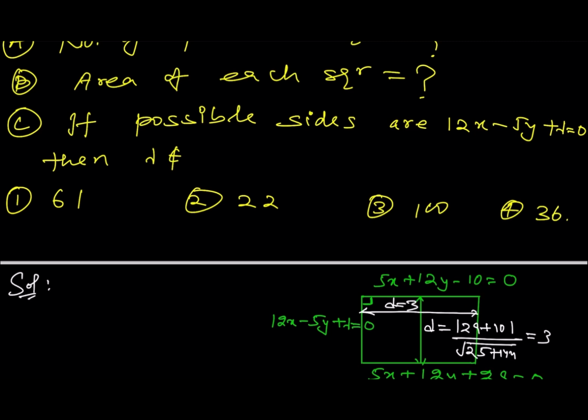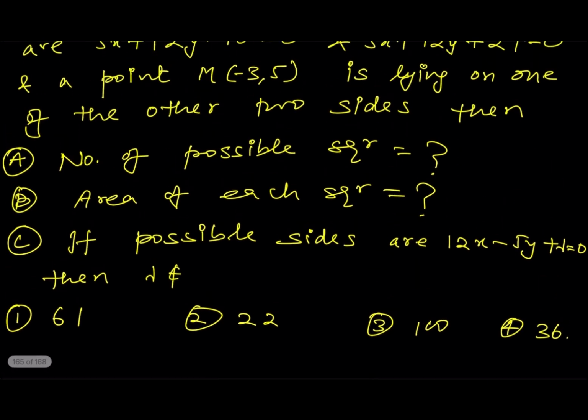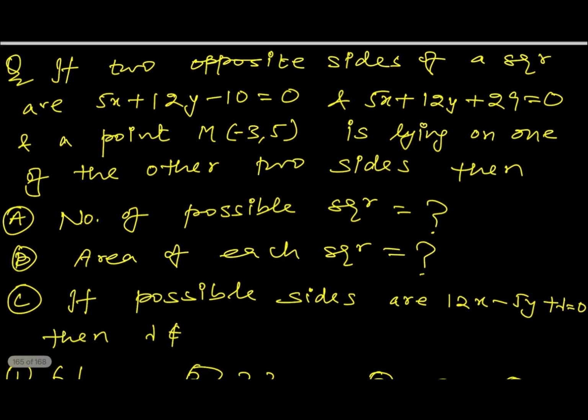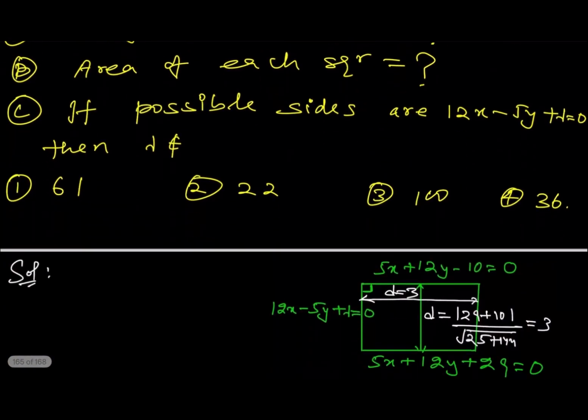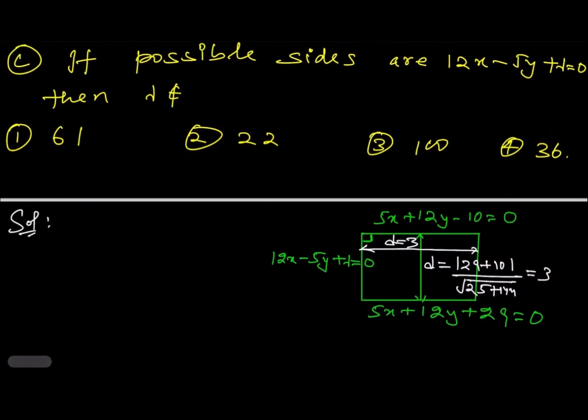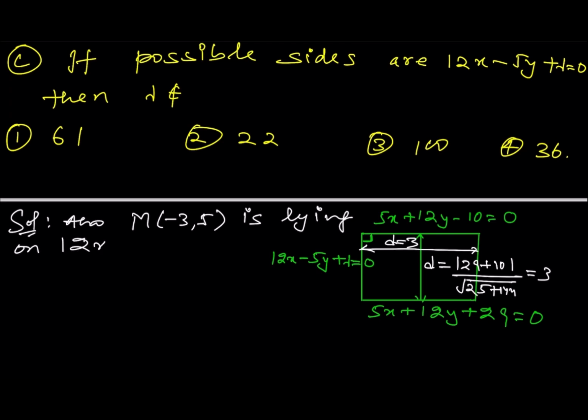Okay. First of all, it is given that m minus 3 comma 5 is lying on one of the other two sides. So this m minus 3 comma 5 is lying on 12x minus 5y plus lambda is equal to 0.